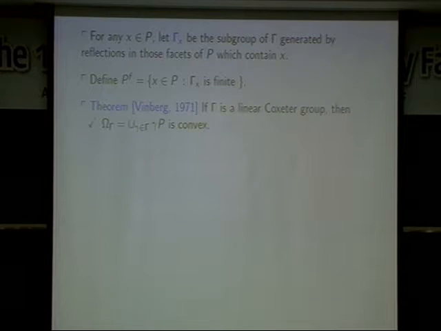And we define another terminology. So gamma_x is the subgroup of gamma generated by reflections in those facets of P which contain x. And P_F is a subset of P such that gamma_x is finite. And Vinberg proved that if gamma is a linear Coxeter group, then the union of all gamma P is convex.